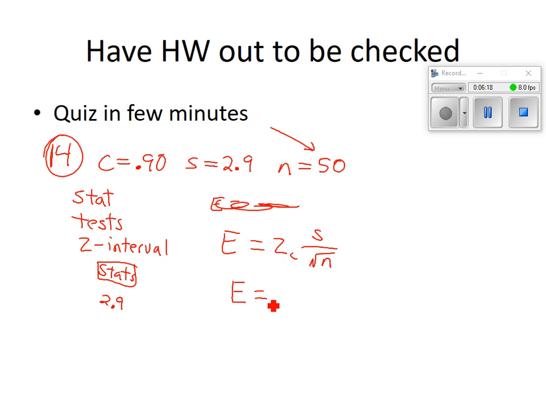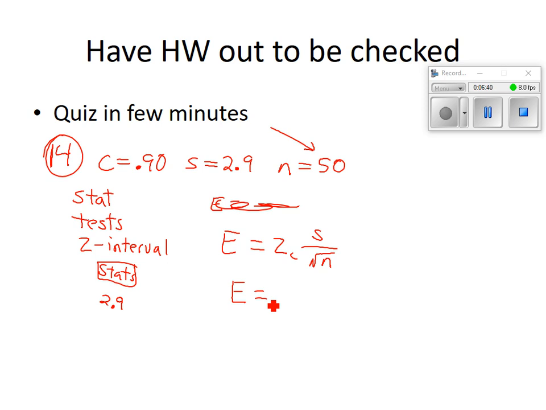Either chart, it doesn't matter, because we're looking at this little chart right here on the front page, left side, it's on both of them. What's our critical value this time? 0.9. So what's the ZC number, the critical value?